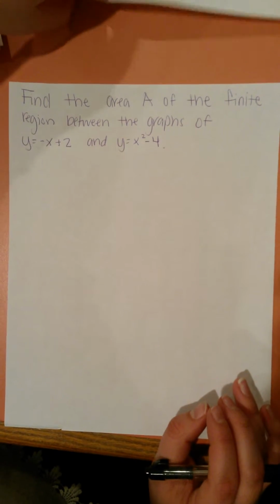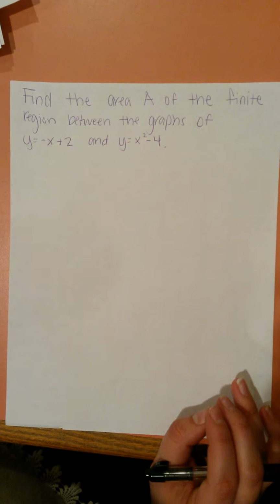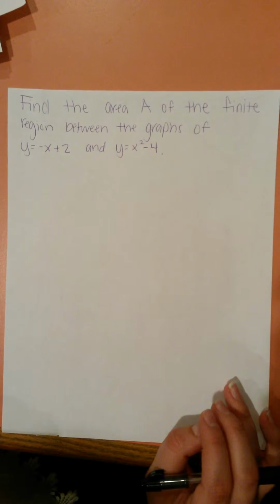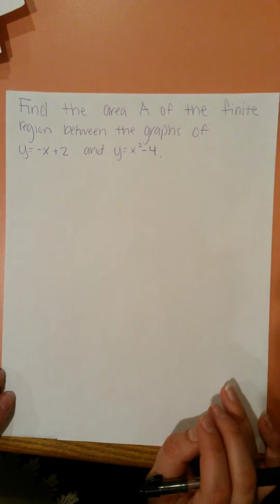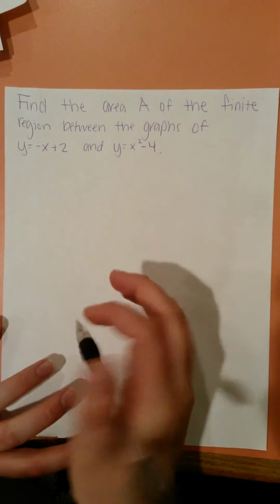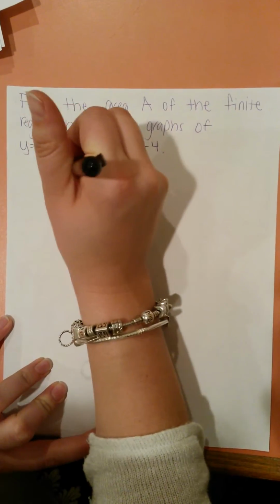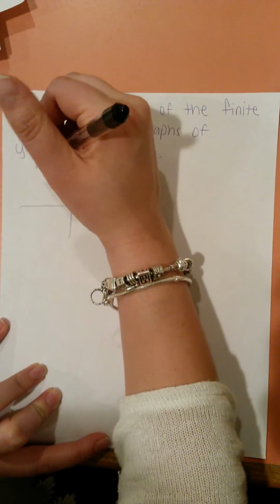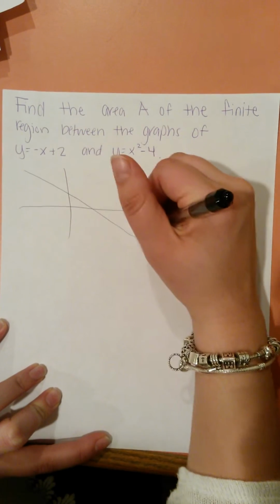The next one is find the area of the finite region between the graphs of y equals negative x plus 2 and y equals x squared minus 4. The first thing to do is graph this in your graphing calculator so you know what it looks like. I'm going to roughly draw it here.